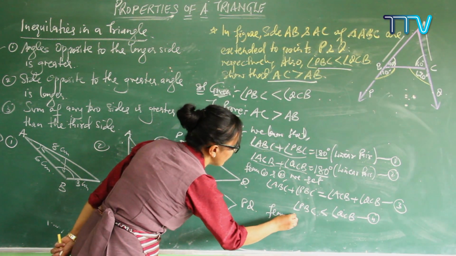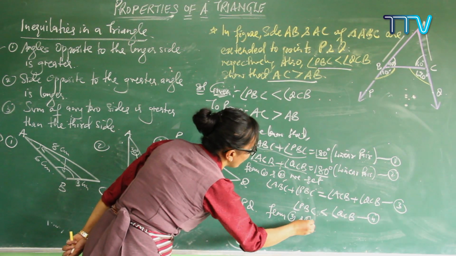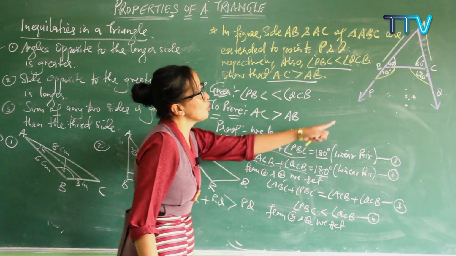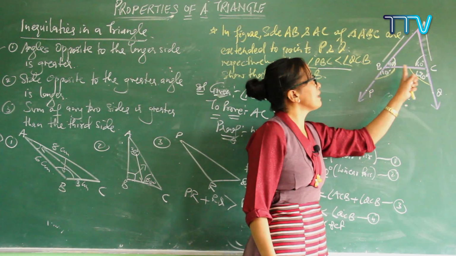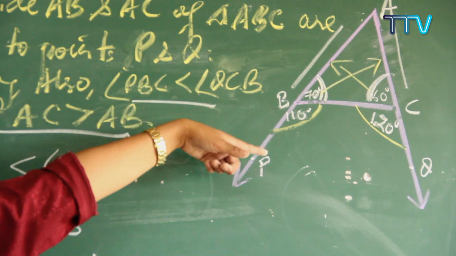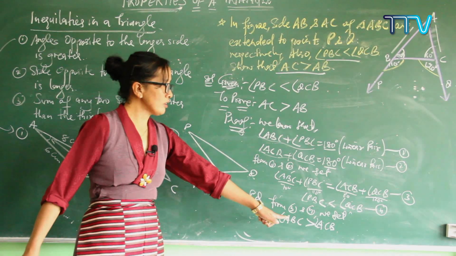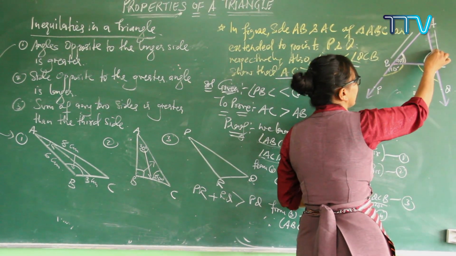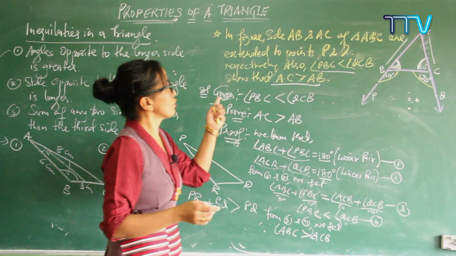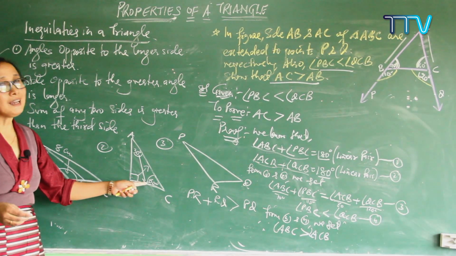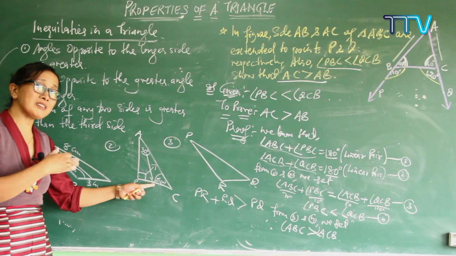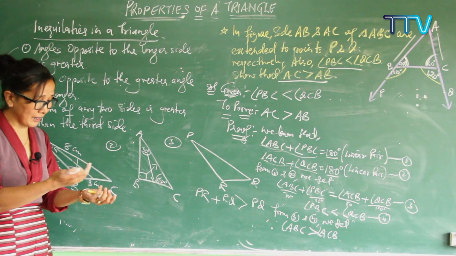You can write it down, from 3rd and 4th we get, by looking at these two, you come to know that angle ABC is greater than angle ACB. And once you know that this angle is greater than this, what does it mean? If your angle is greater, the opposite side is always greater than the other side, got it?